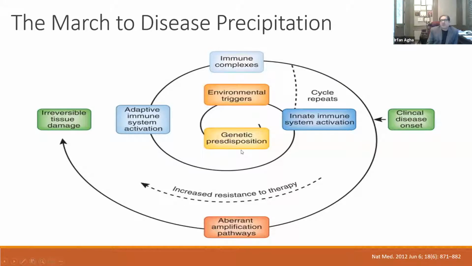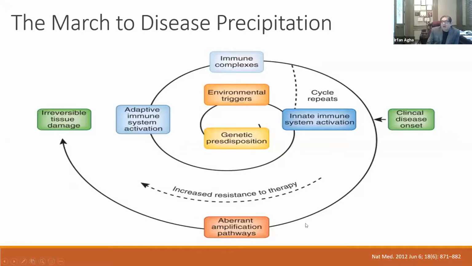The disease starts sometimes decades before they come to see us in clinic. The underlying problems are genetic, and there are some environmental triggers, and we'll talk about these very briefly, which then lead to activation of the innate system and an innate and adaptive system crosstalk. Immune complexes form as a result because the adaptive immune system then leads to B-cell activation and antibody generation. And then after a variable period of time, clinical disease starts manifesting.